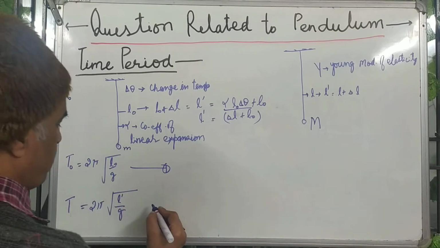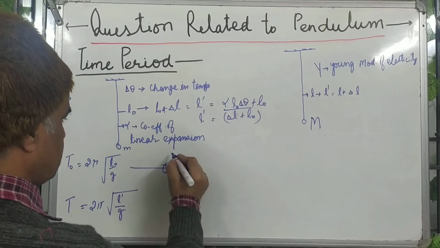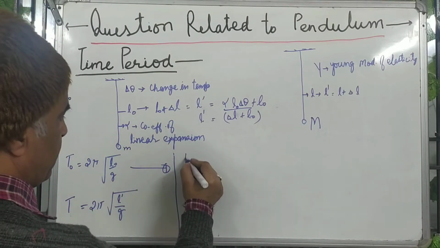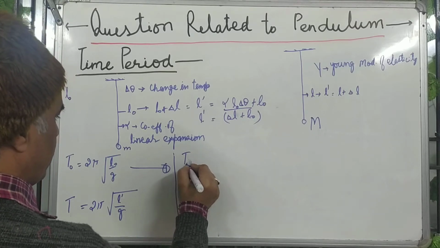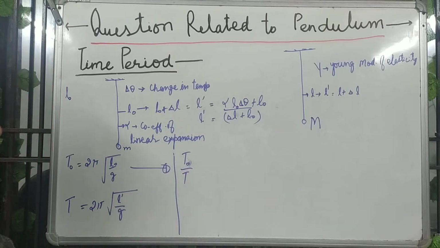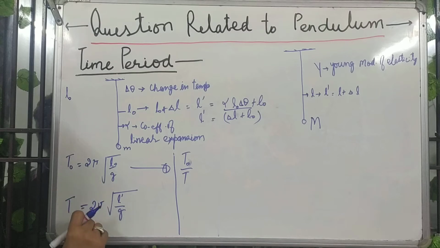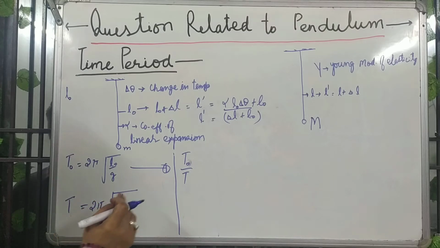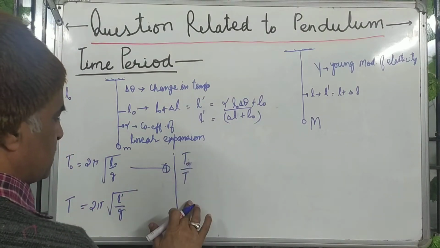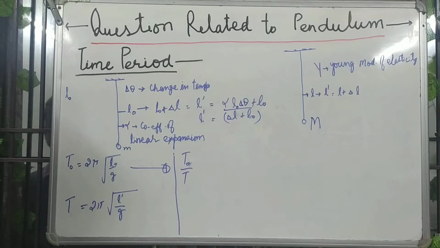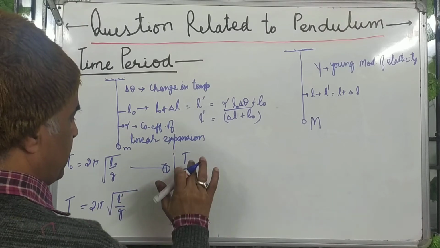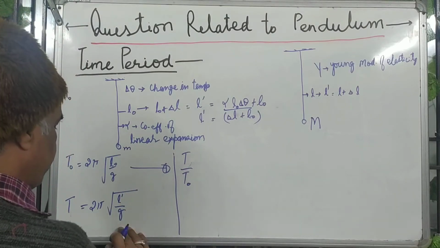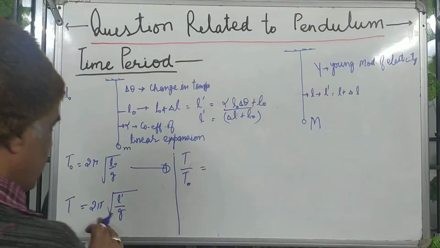So now, I am taking T naught by T, or you can take it upward, T by T naught, if you wish. This is the value of T, this is 2 pi root L upon g.